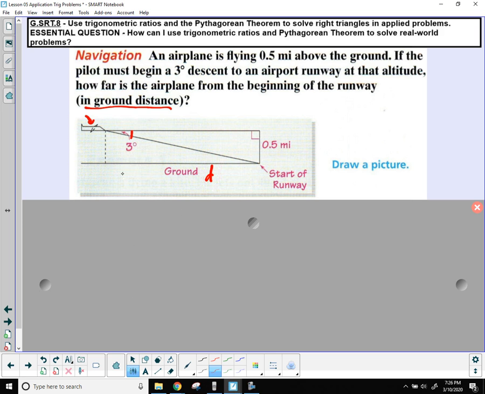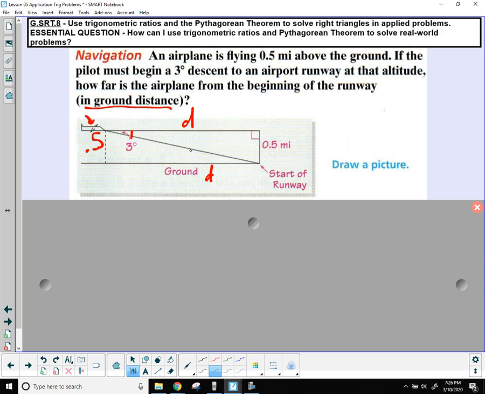I think in class we discussed how if this is 0.5, this is 0.5. This could be D just as much as that D because we see a rectangle.